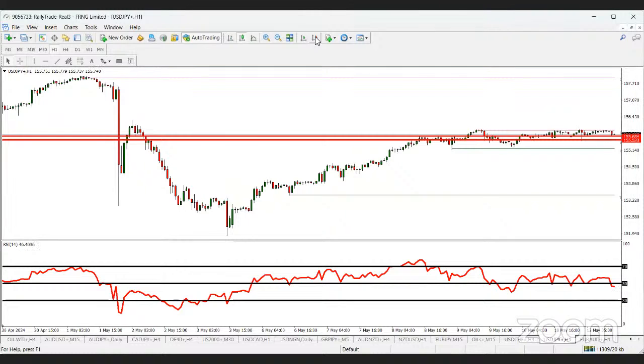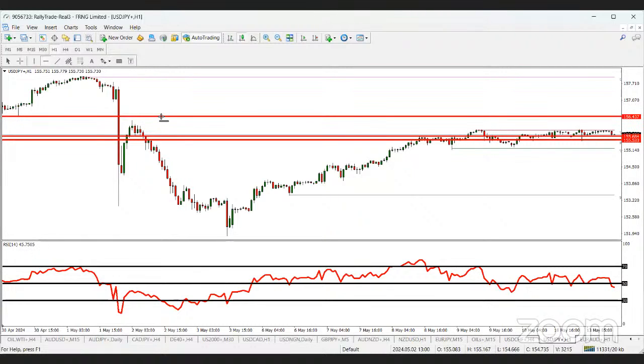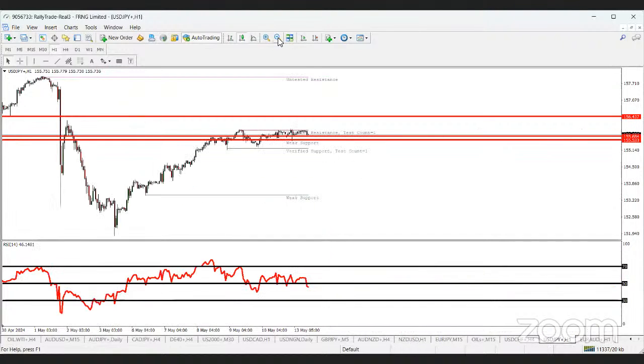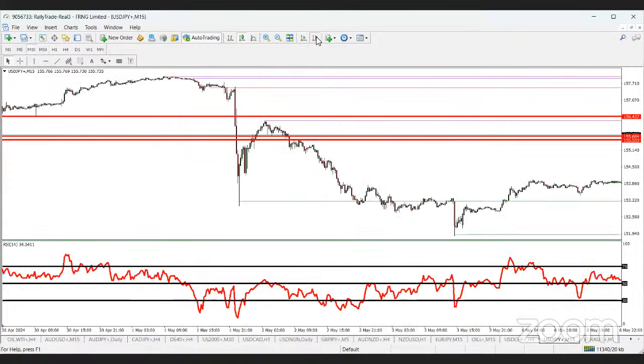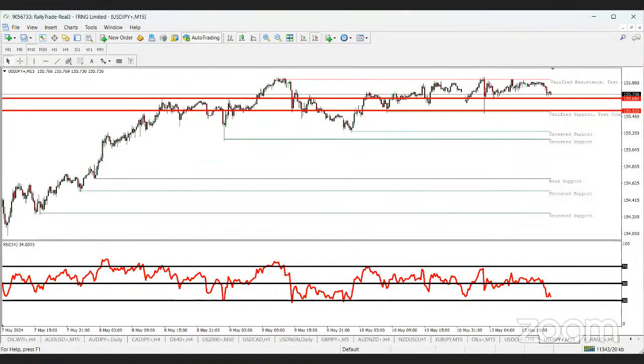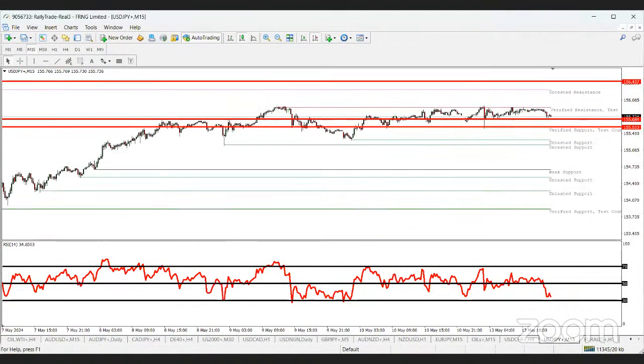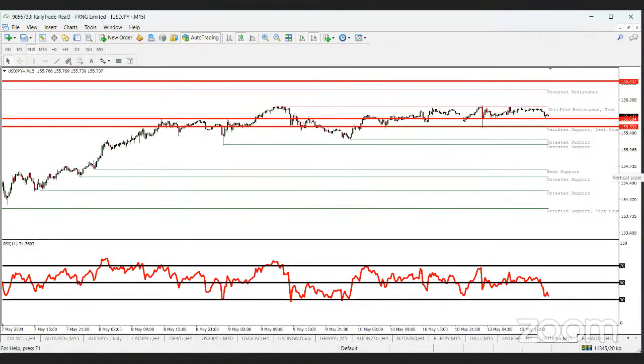But right now, buying USD JPY, I do not really have any confirmation yet, except if USD JPY can break above 156.430. If it can break above 156.430, then I could consider buying it, with around 15 to 20 pips in mind.